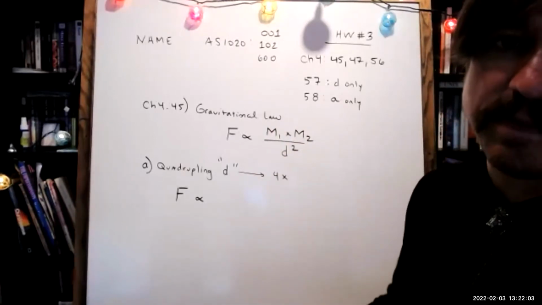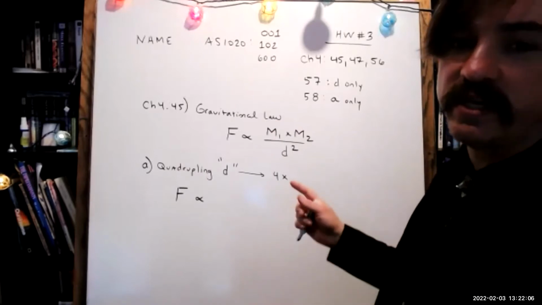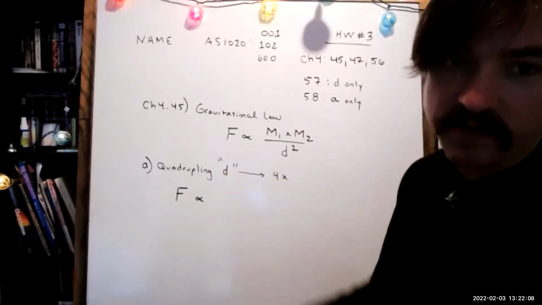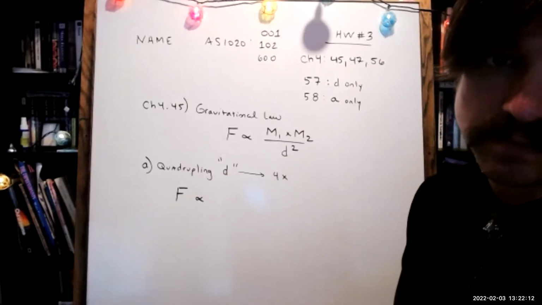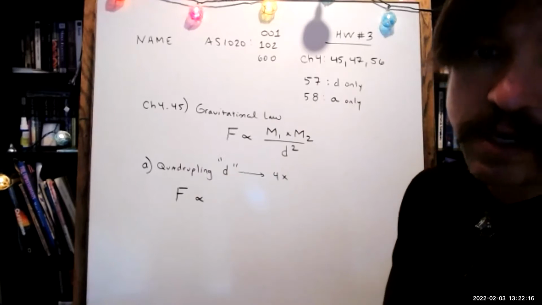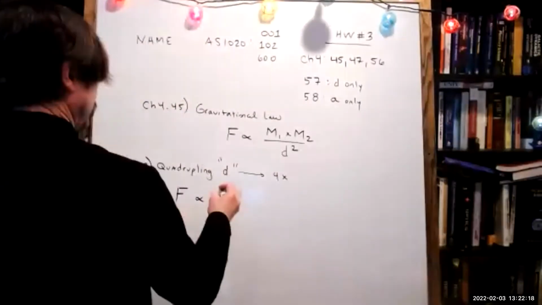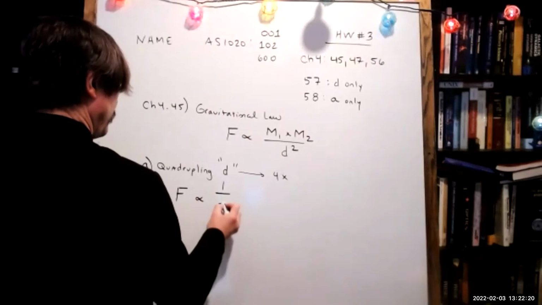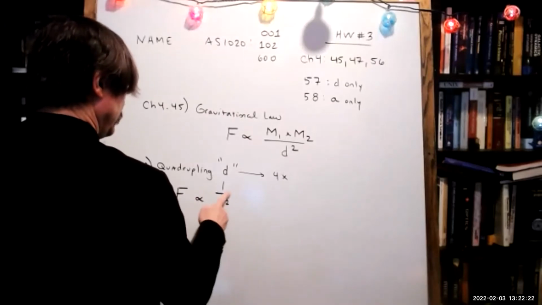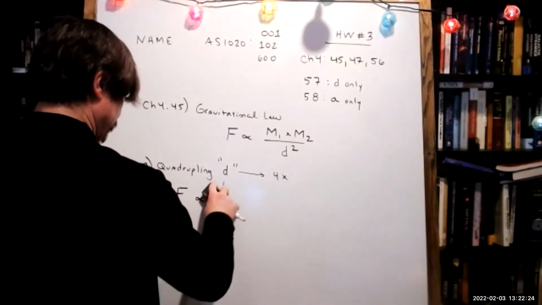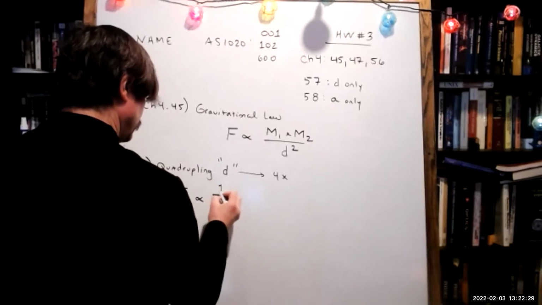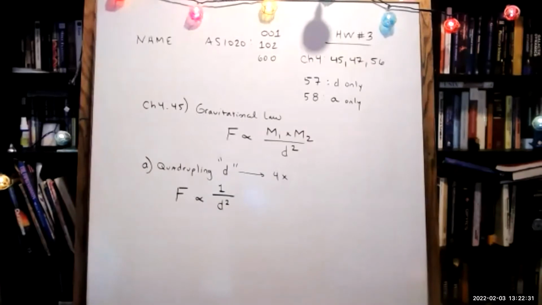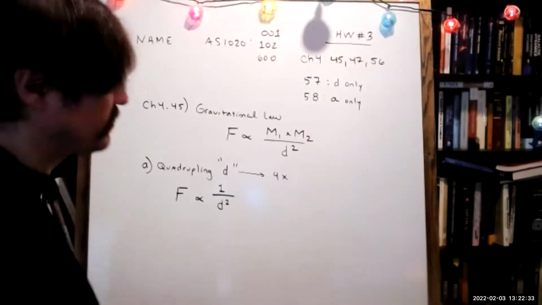We include force is proportional to. We're interested in how does this affect force? So would we just write 1/4 squared? Yeah, but first let's write it as 1/d squared, because we're emphasizing that we're focusing on the distance. So force is inversely proportional to the square of the distance. We're not varying the masses. And yes, now we substitute 4.